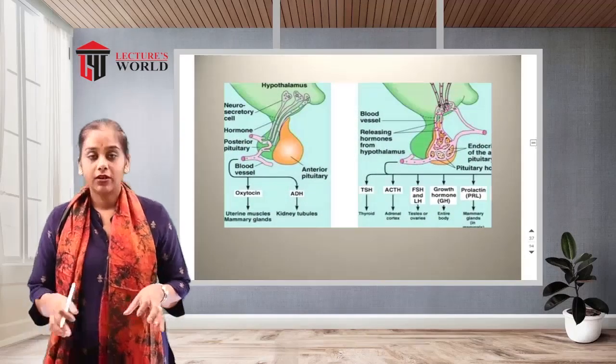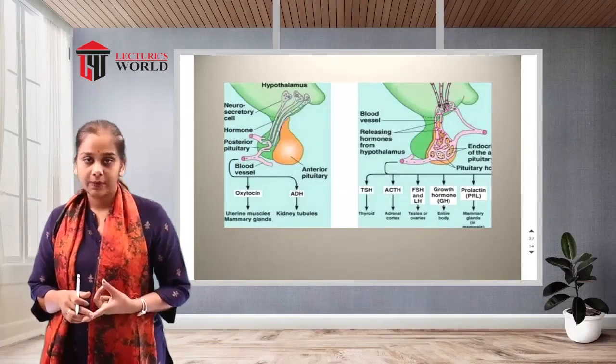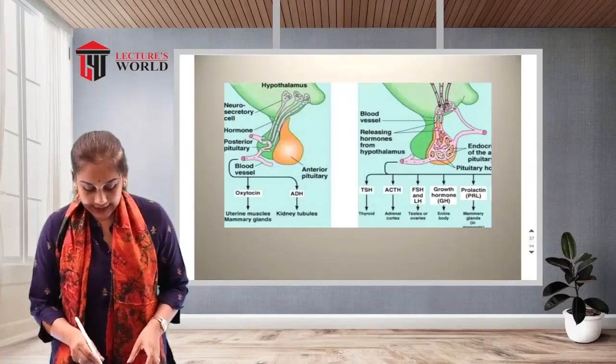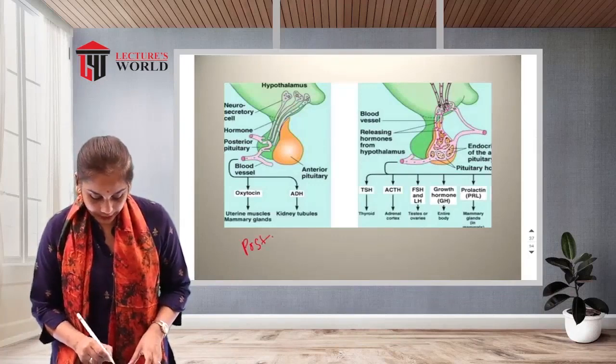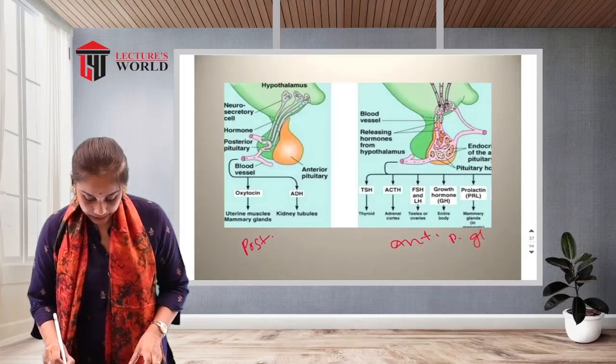See, these are the hormones related to the anterior pituitary gland and posterior pituitary gland. This is the posterior pituitary gland hormone, and this is the anterior pituitary gland.